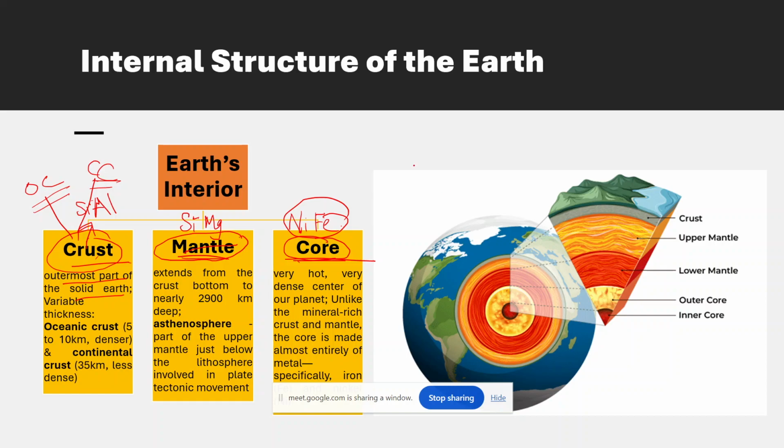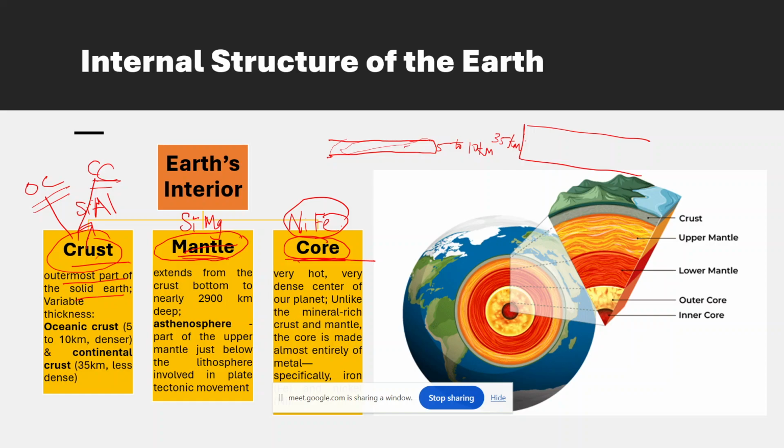If you remember from the previous discussion session, I had said that the oceanic crust is dense. There's some interesting features of these two crusts when you look at them. The oceanic crust is about 5 to 10 kilometers thick, and the continental crust on the other hand is approximately 35 to 40 kilometers thick.